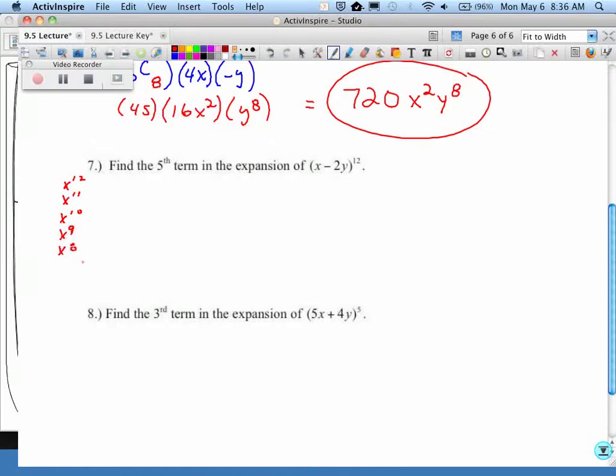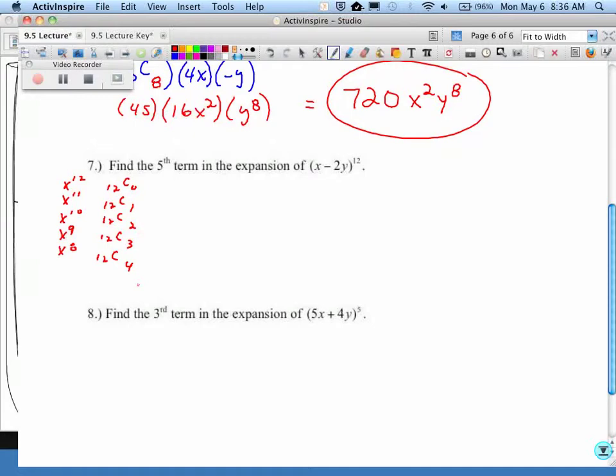They're talking about the 5th term, right? Others might start with your nCr, and you might go 12C0, 12C1, 12C2, 12C3, 12C4. So you do either one of these to kind of get the ball rolling.